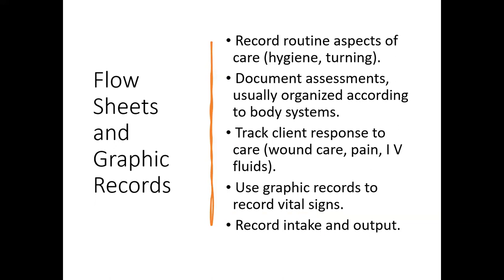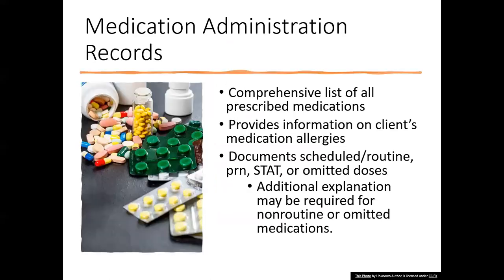You know, if you notice that there's a big difference, then think about how much did they take in, and you can compare those at a glance. Some hospital systems have upgraded systems where you can actually plot out a graph, and you can get linear graphs and all this fancy stuff. And you always want to make sure that you're recording your I&Os accurately because they are very important.